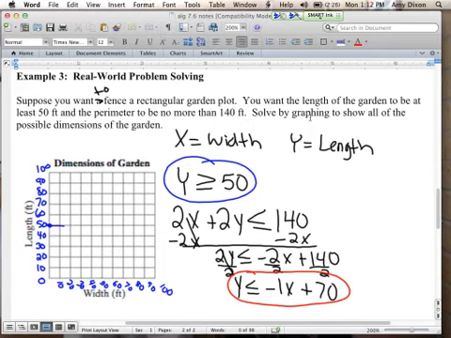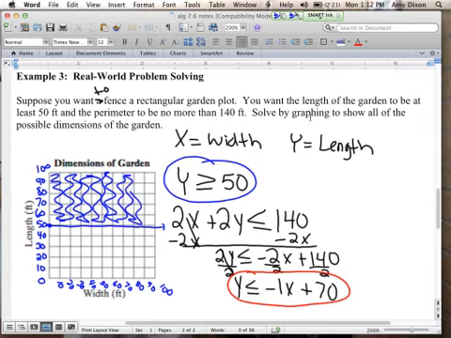Solid, it's or equal to. Are we going to shade above or below? Above, because y is greater than or equal to 50. So we're going to shade all this above here using one color. Remember, don't shade in too much because you still have to see your graph to be able to use it.